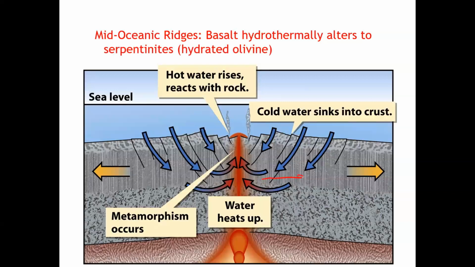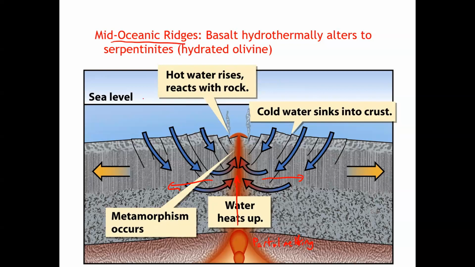Where plates are separating at a divergent boundary, you've got partial melting of the mantle down here, producing magma. We've seen that before. And that magma can rise. Now it's adding heat to this area near a mid-ocean ridge.